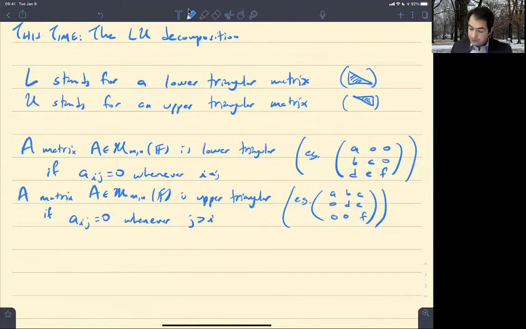One thing to notice is that we put no condition on these coefficients or these coefficients. For example, the 0 matrix or a diagonal matrix counts as both lower triangular and upper triangular.